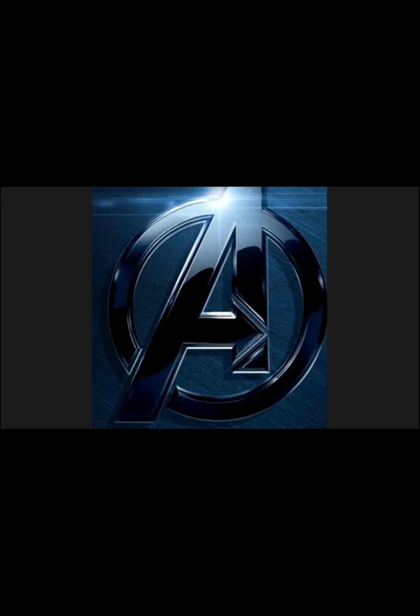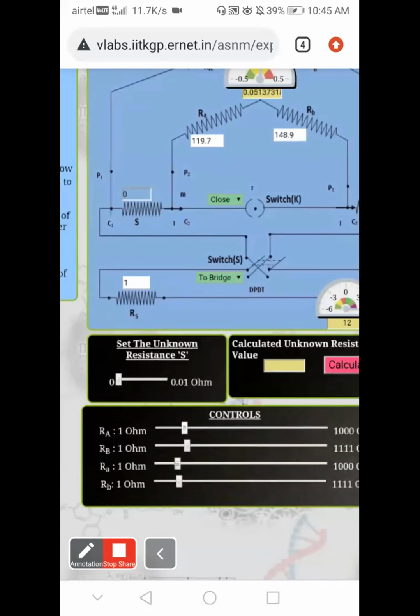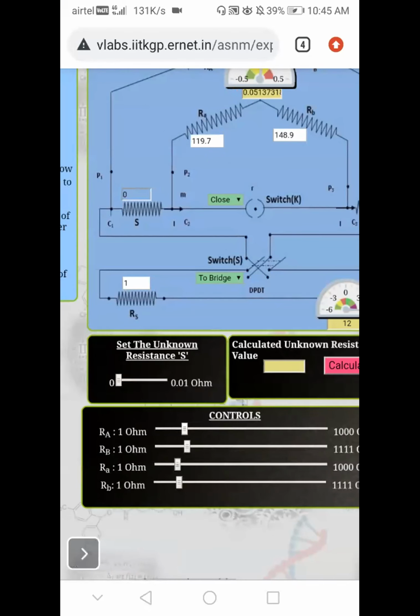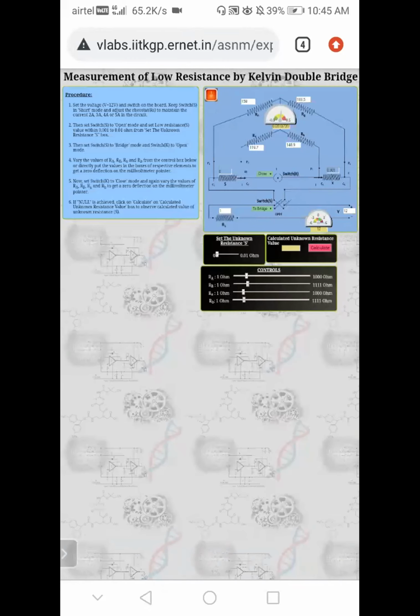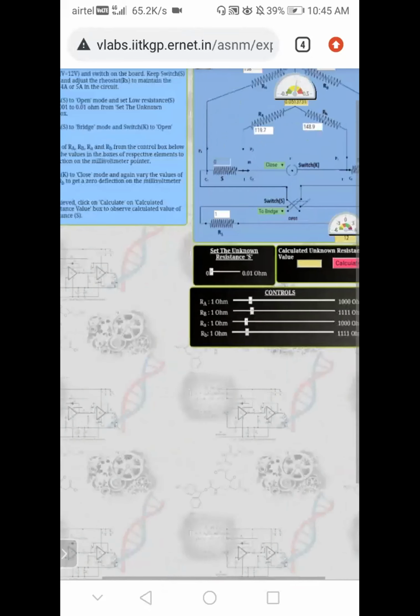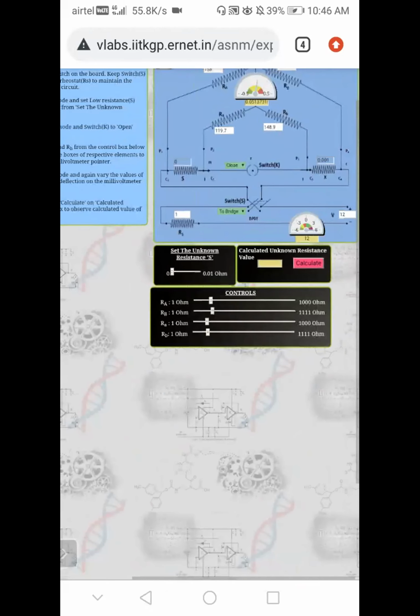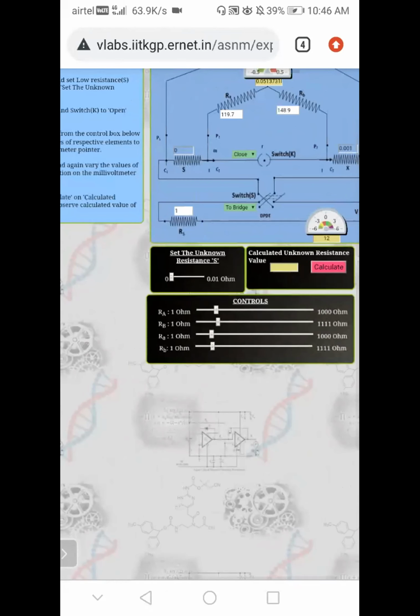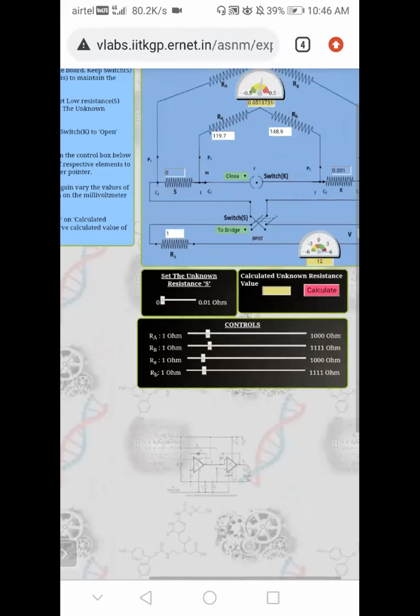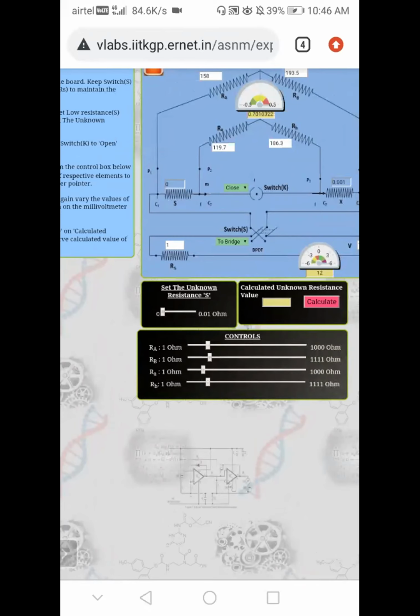Yes, yes. Okay, yes, point zero. Then just adjust your R small a and R small b. Then you can get at least 2 or 3 digits zero after addition. And then take a screenshot, whenever you write your report, you have to put it.